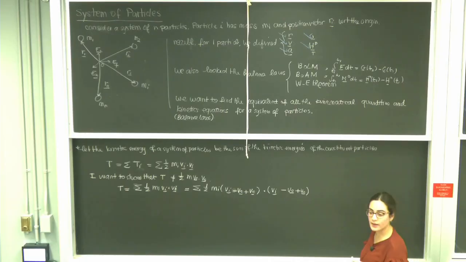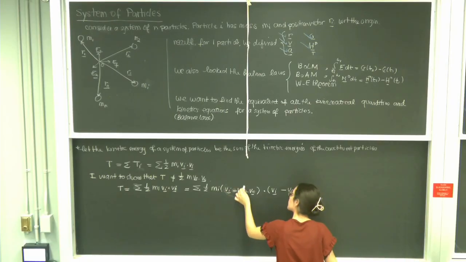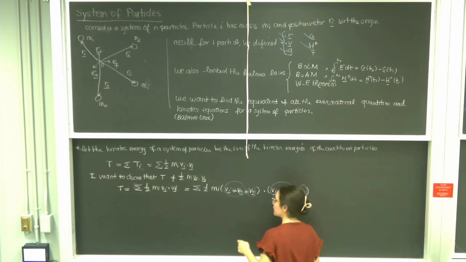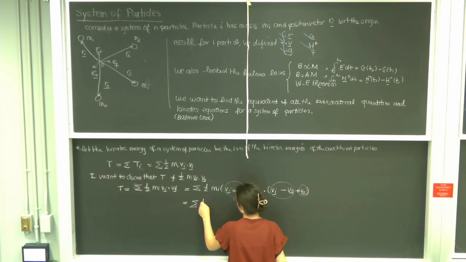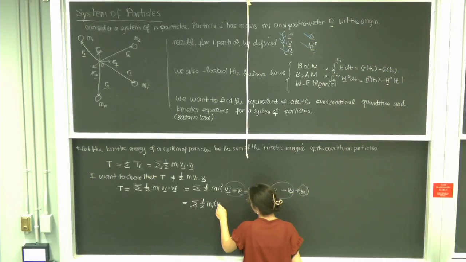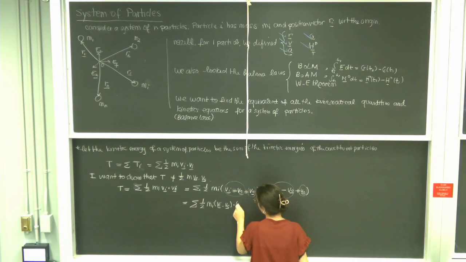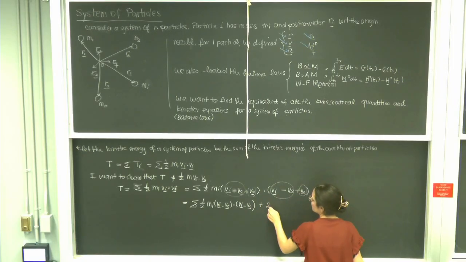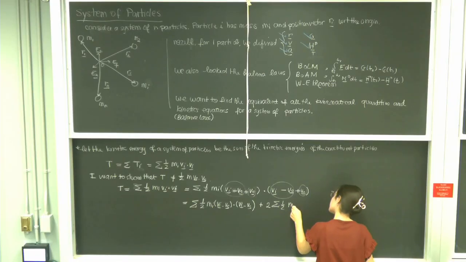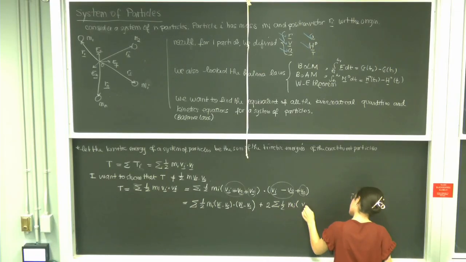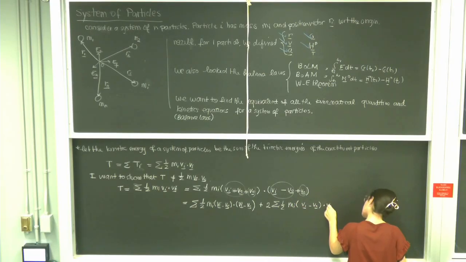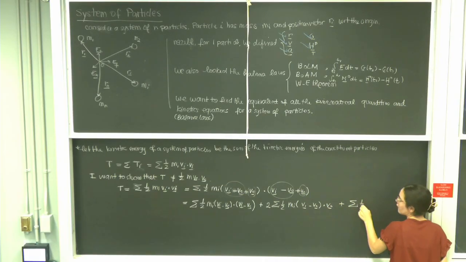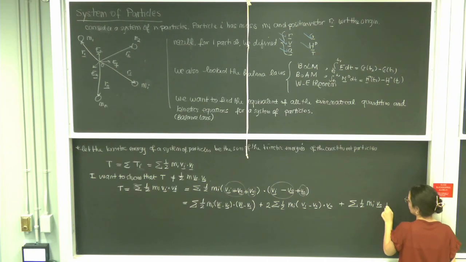And then I'm going to expand. Consider this to be one term, this to be the other term. So that I'll get the sum of half mi (vi minus Vc) dot (vi minus Vc), plus 2 times the sum of half mi (vi minus Vc) dot Vc, plus the sum of half mi Vc dot Vc.